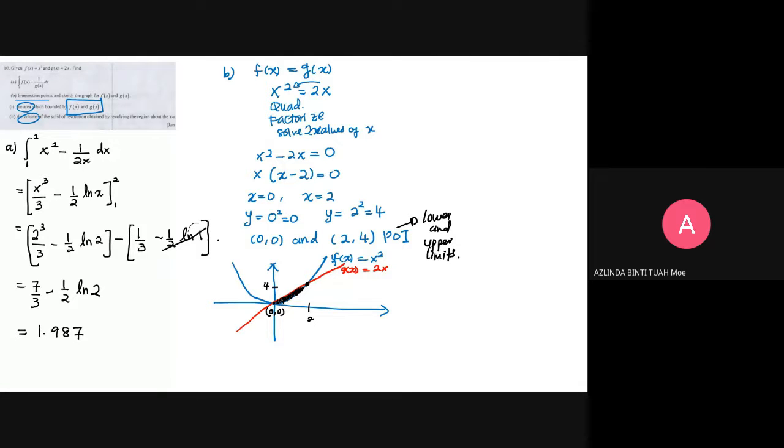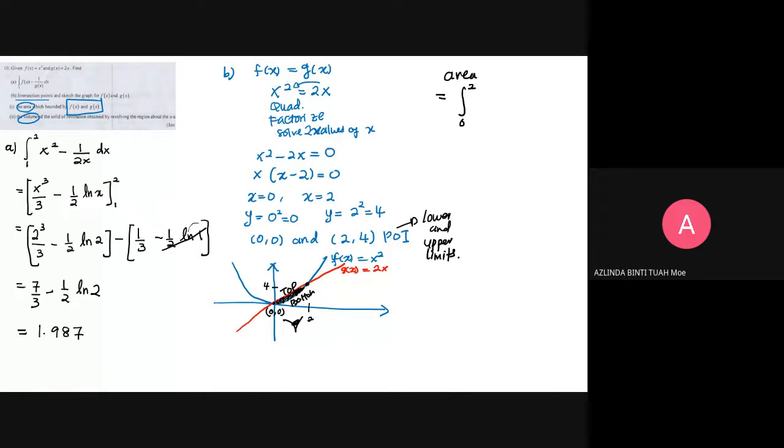Okay. Seterusnya dalam soalan B1 dia suruh cari area. So the area is equal to, from the lowest point, yang paling kiri nilai x dia. Let's say saya nak integrate with respect to x. So the view from here, ini top, ini bottom. x equals 0 until x equals 2.